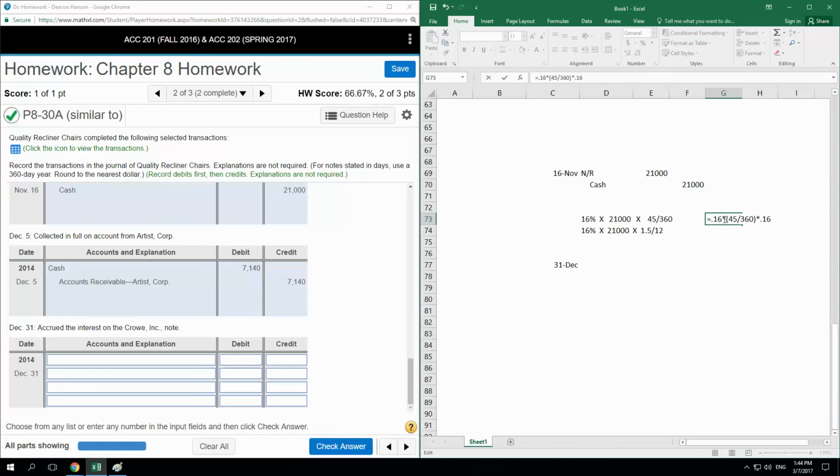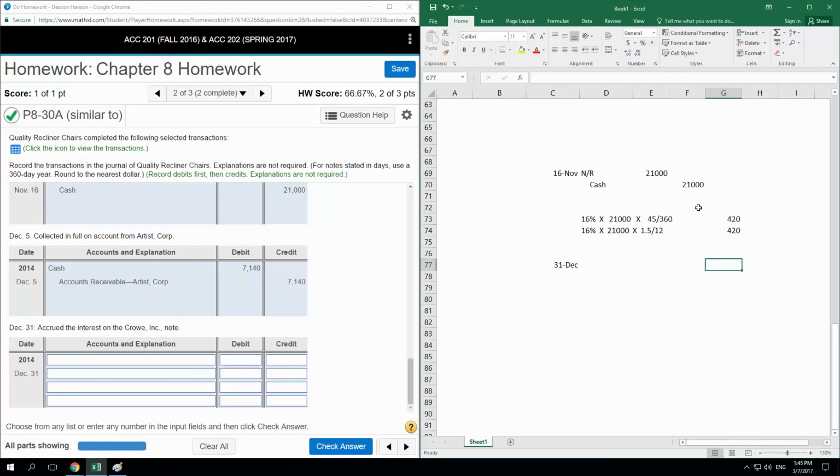So 16% times 21,000 times the fraction of the year. 16% times 21,000 times 45 divided by 360, I get 420. Why don't we try this one? So we'll just change one of the factors, and we'll make that 1.5 divided by 12, 420.